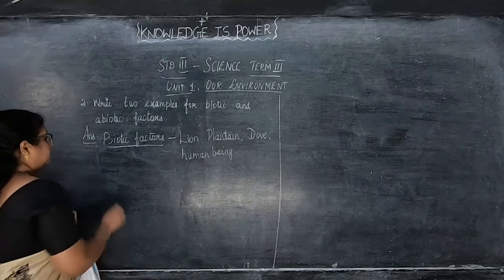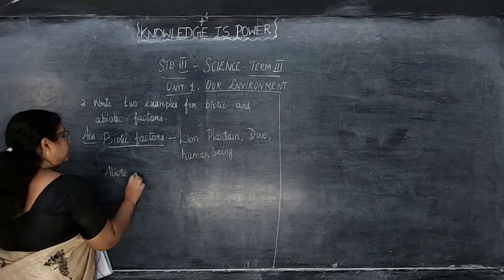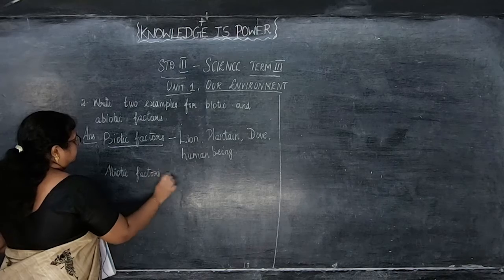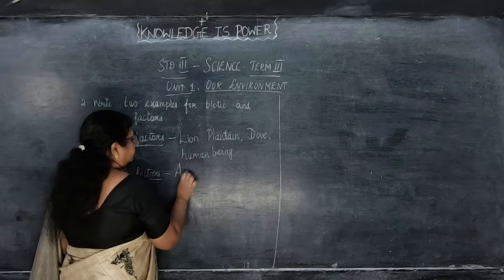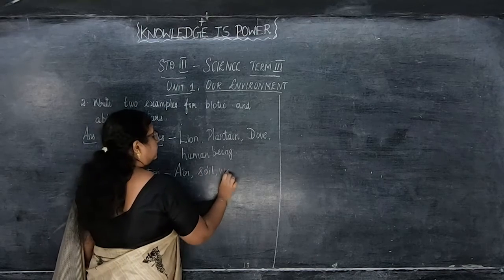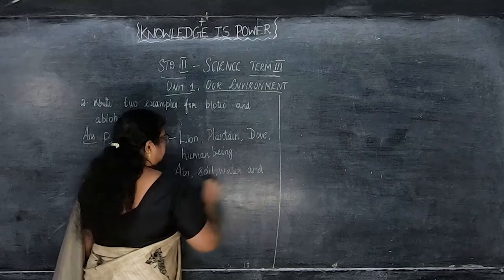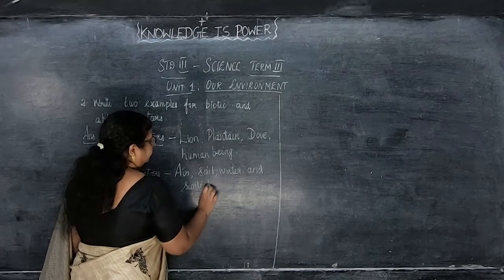Now next we are going to see the examples of abiotic factors. So abiotic factors like air, soil, water and sunlight. All these are the examples of abiotic factors.